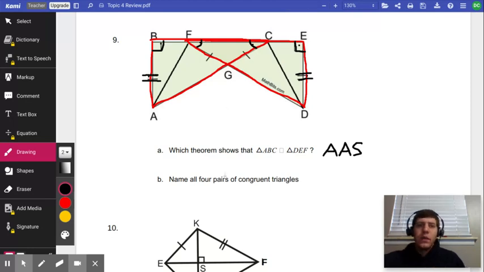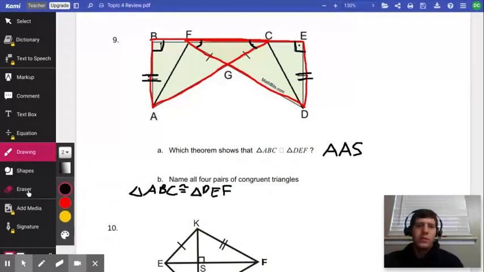Okay. The next question asks us to name all four pairs of congruent triangles. So we have the first one, triangle ABC was congruent to triangle DEF. Okay, that was by angle, angle, side.